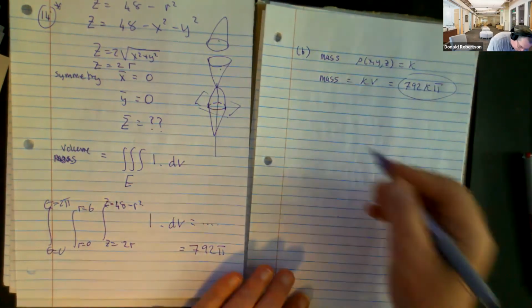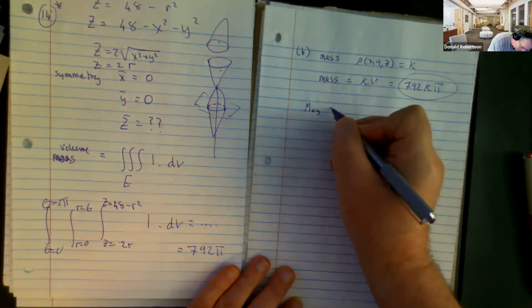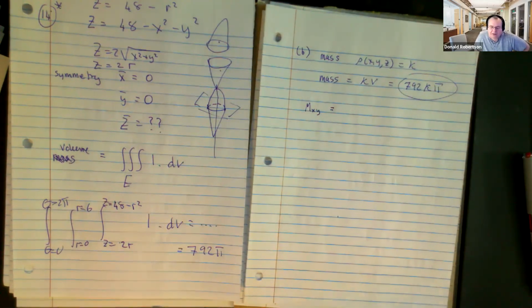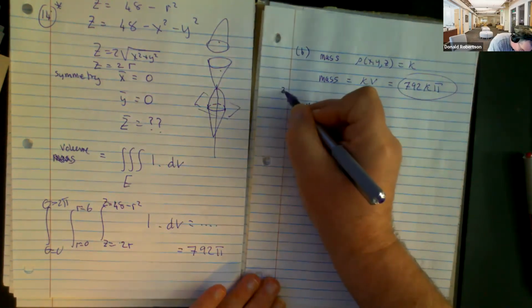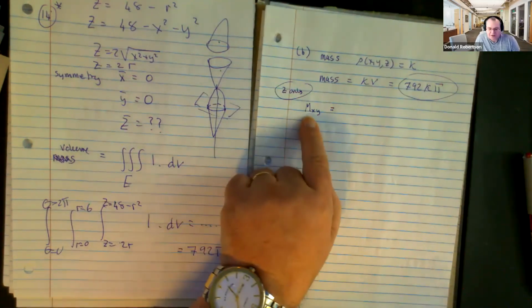Now we have to do a 3-dimensional center of mass. And what you do is you find, because I'm interested in the Z only, remember that was the only one that wasn't 0, we find this guy here.